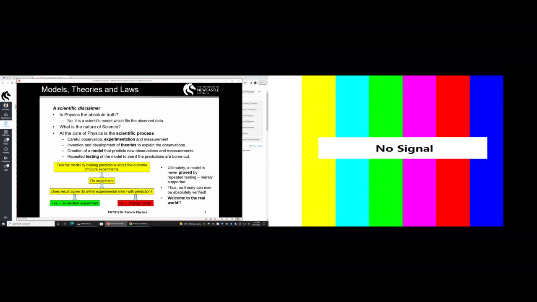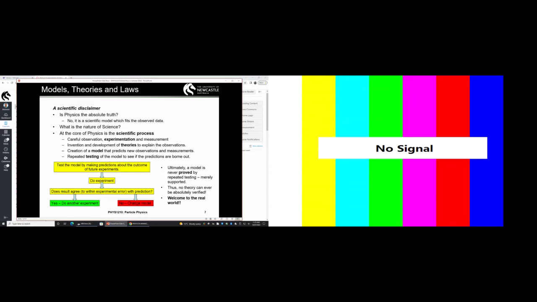Well, it comes about by making experiments or measurements or observations of something, and then we want to try and understand that. So we set up a new experiment and we see something we've not seen before. Then we have to try and develop a theory that is consistent with what we've measured.